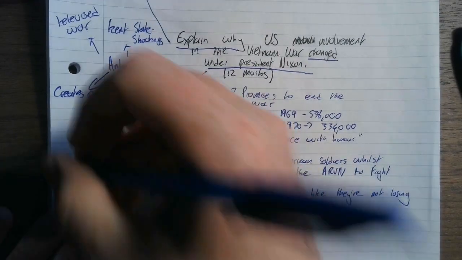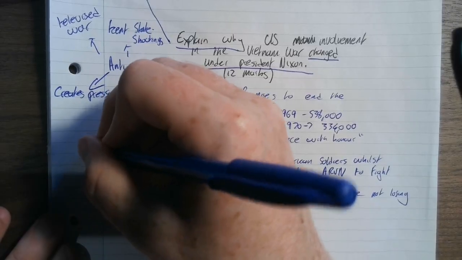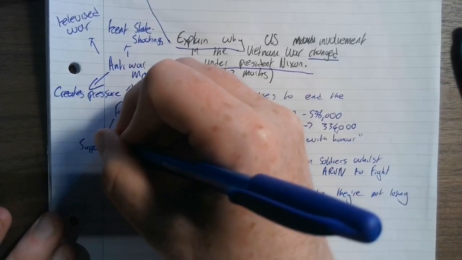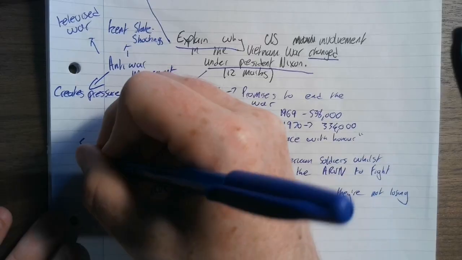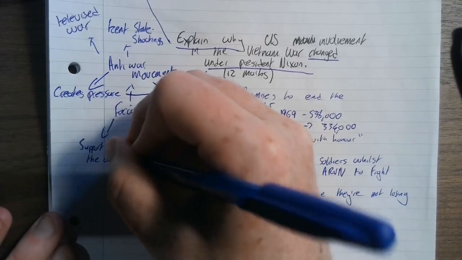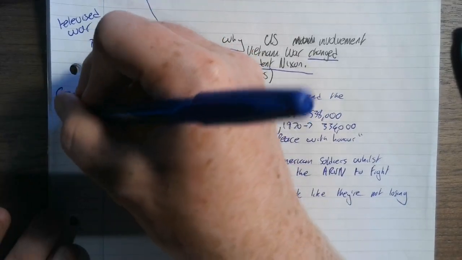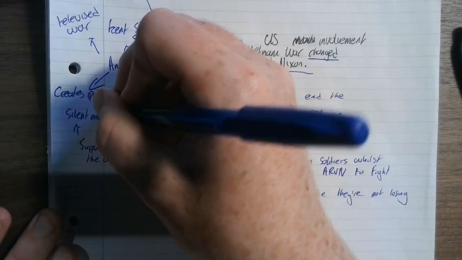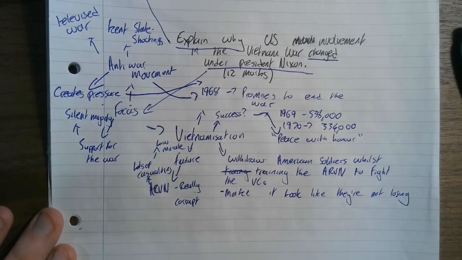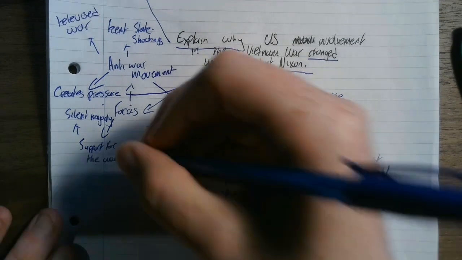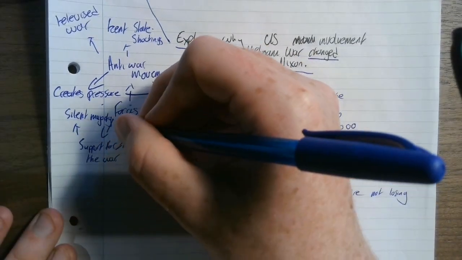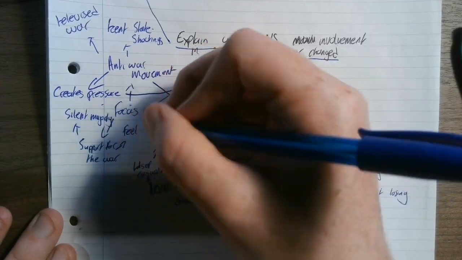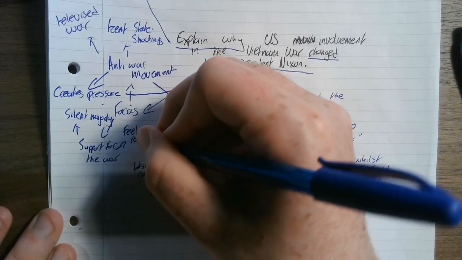However, counterintuitively, I think another change is the support for the war. We know this because of his silent majority speech. His silent majority speech is important because it makes him feel emboldened. It makes him feel confident.